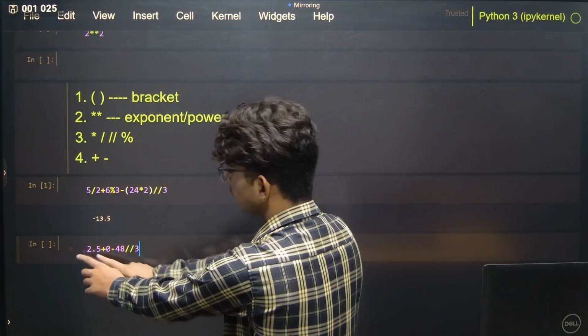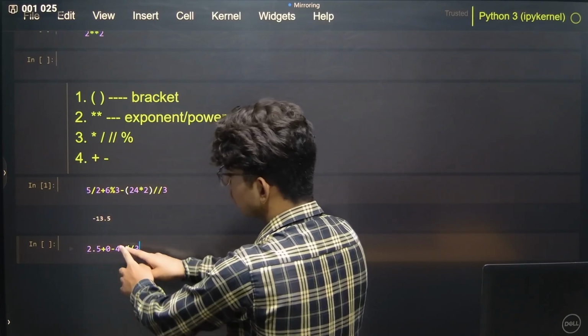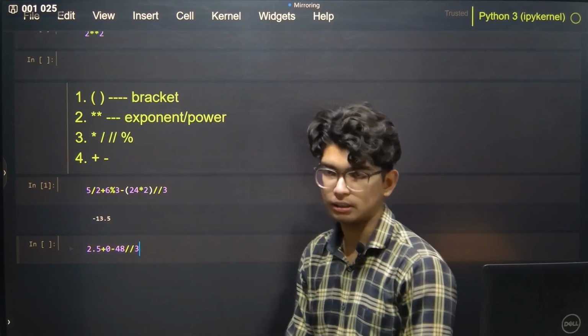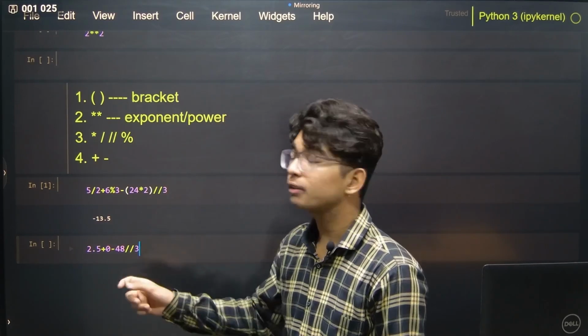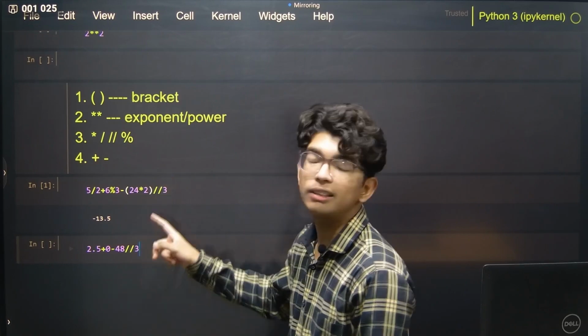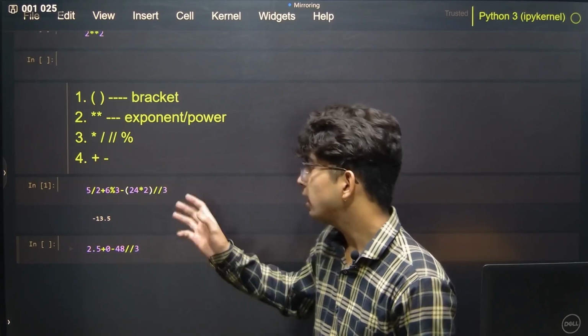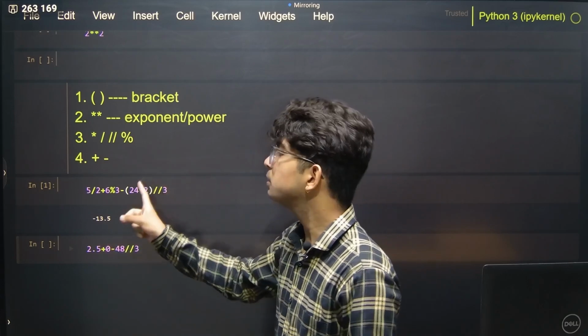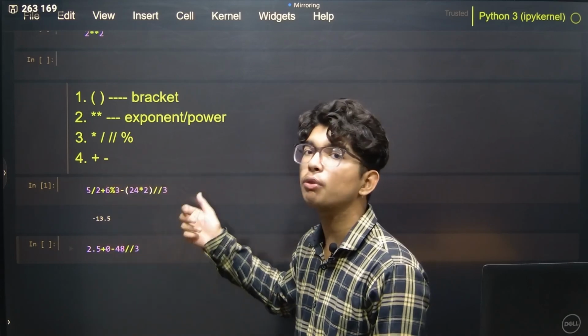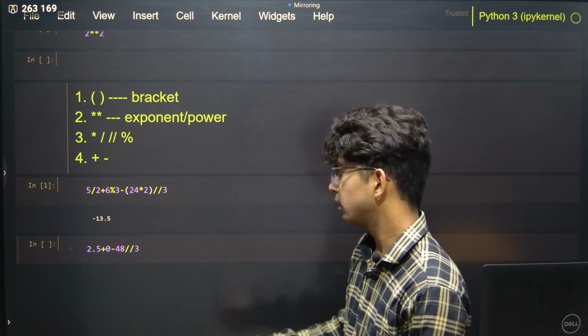We break it down here: we got 2.5, 0, 48, then this 3. Now you might be wondering why we did the floor division here. Well, to do the floor division, first we have to do this bracket. After that we can do the floor division, and we did the bracket. Now we are going to do the floor division.